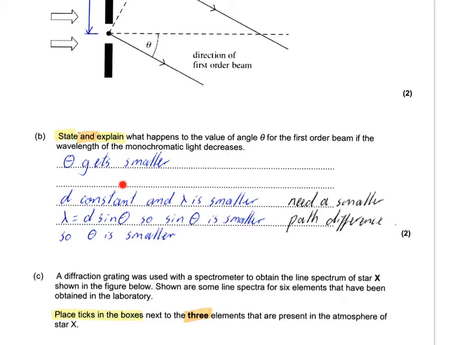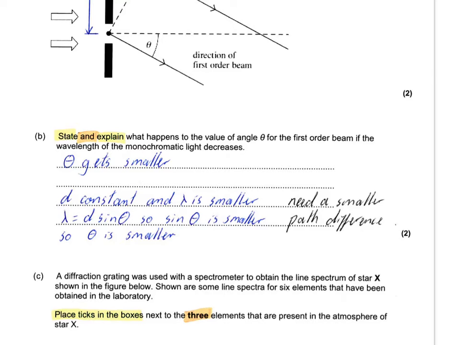Generally, it's not a great idea just to be answering in terms of smaller and larger, but we haven't got any option here because we're not told by how much the wavelength has changed.